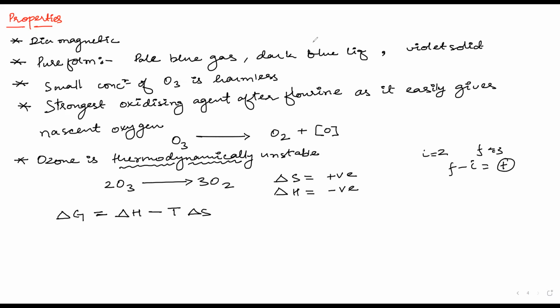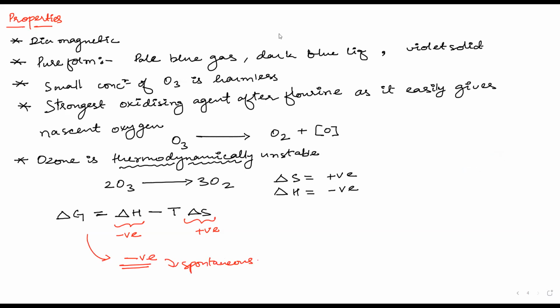Now if we put positive on this side and negative on that side, what will happen? This delta G will completely become negative. That means it is spontaneous. Right, guys? If delta G is negative, it is very spontaneous. So please write here.